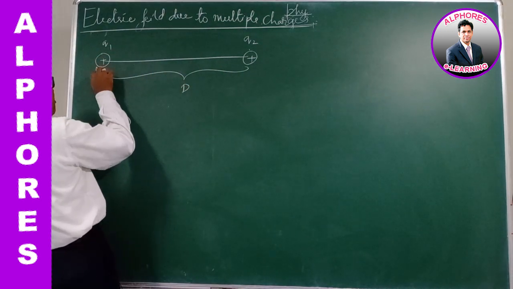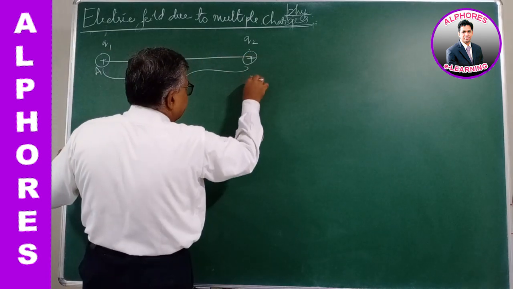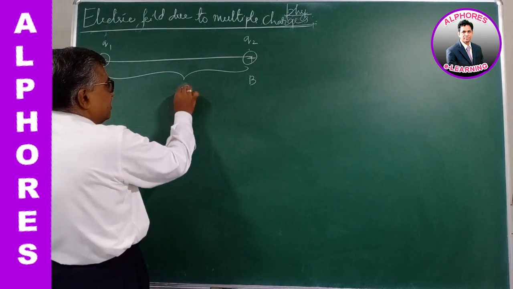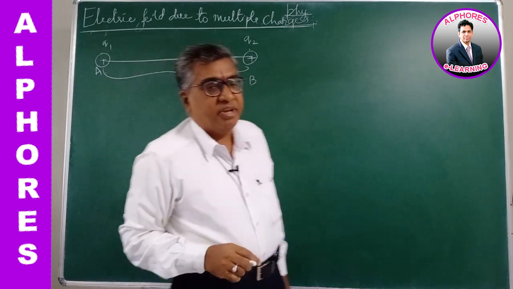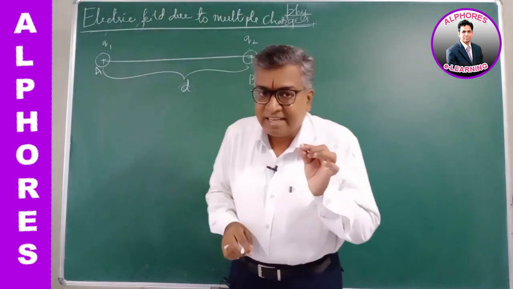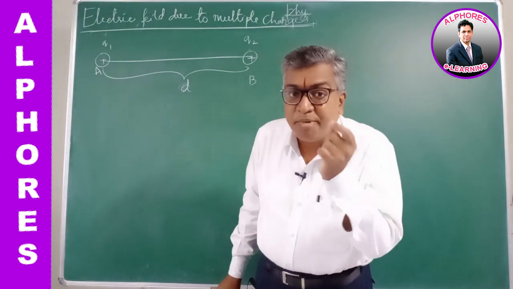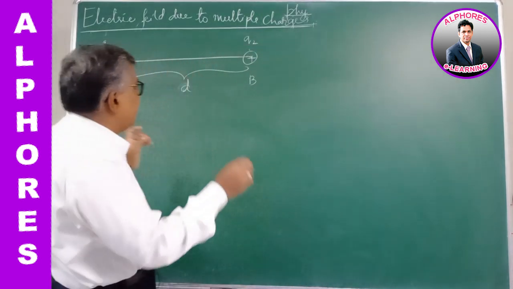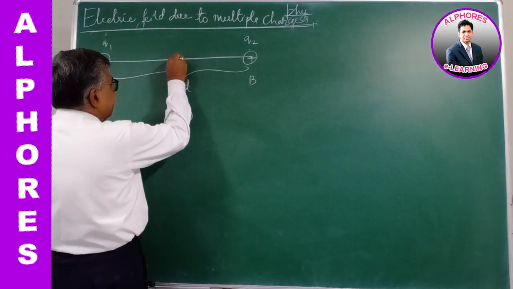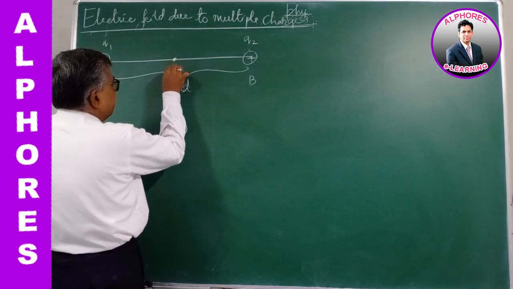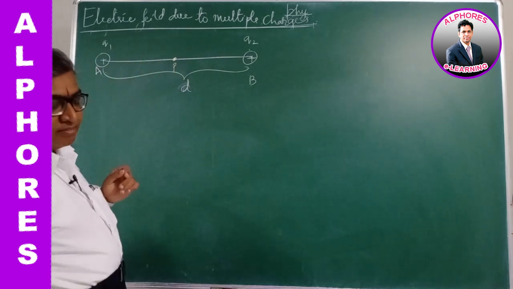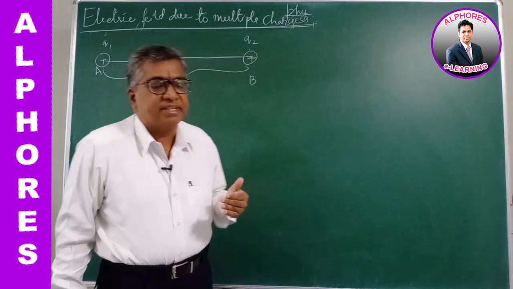Let Q1 be at point A and Q2 be at point B. The distance between them is small. Now we are asked to find the resultant electric field strength at the midpoint P between them due to these two charges. So applying what we have learned just now.